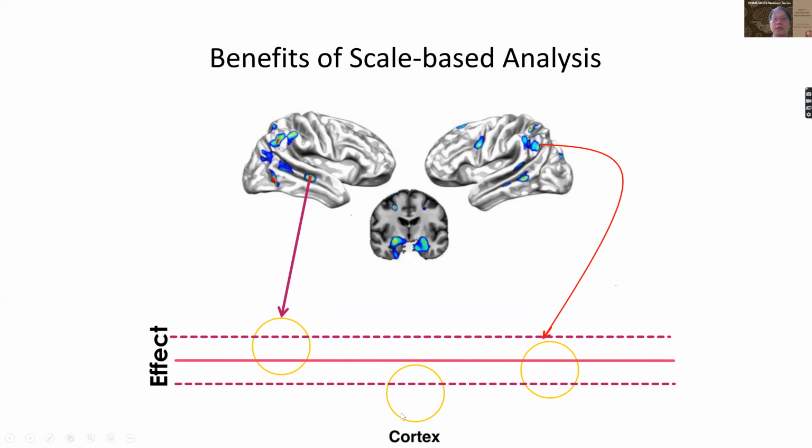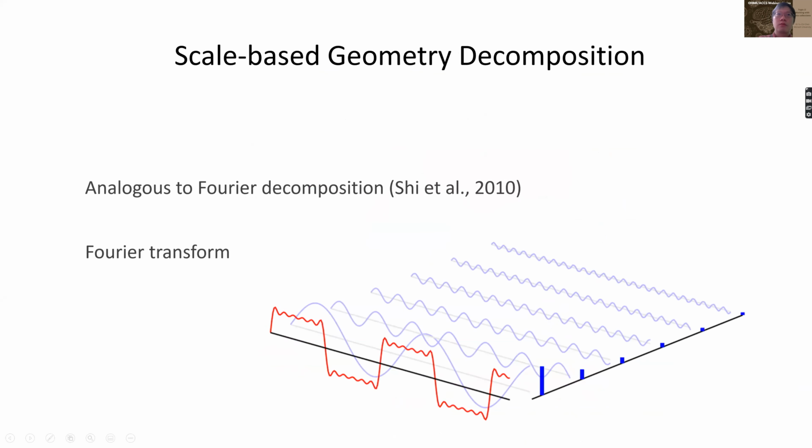If the threshold is here, then all of them are significant, but we still can't see the underlying effect across all of these regions, which is this black line. So this is why we would like to use the scale-based analysis.